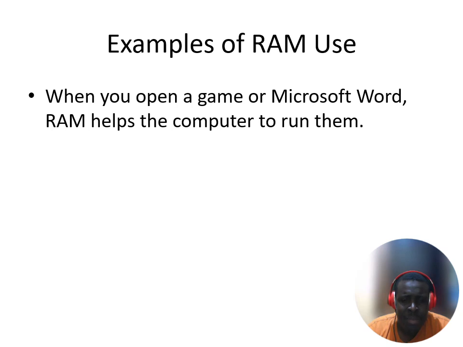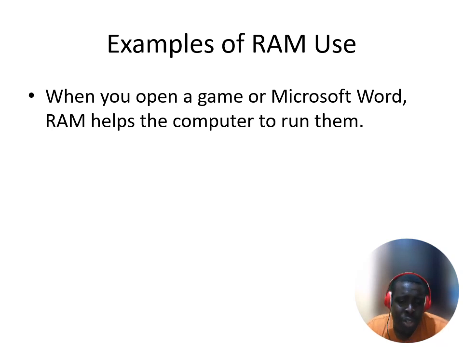So I gave one example. I believe that there is more. He said when you open a game or Microsoft Word, the RAM helps the computer to run it. So far as you've opened a game, the RAM would work and play a role in making sure that your game runs smoothly, right?